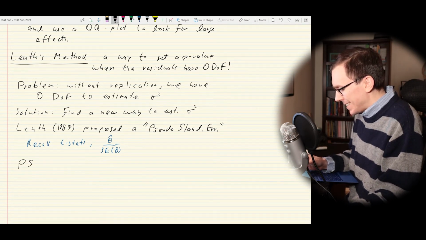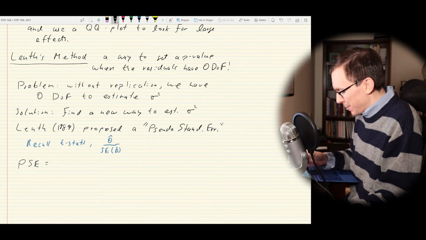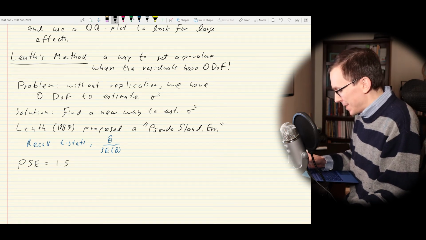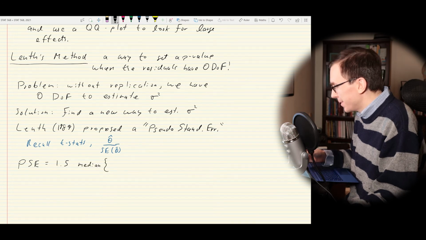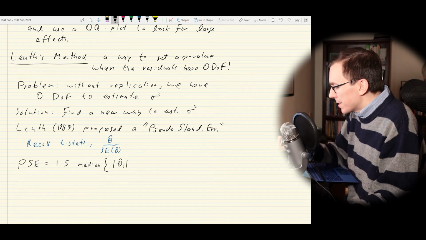Well, the PSE, or pseudo standard error, as Lenth defined it, is going to be 1.5 times the median of the estimated, I didn't define these guys. Let me define.